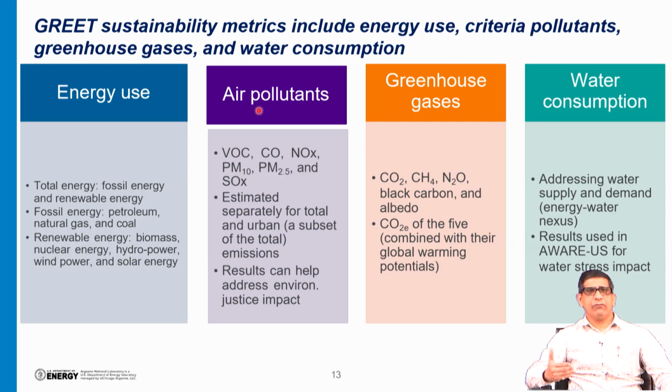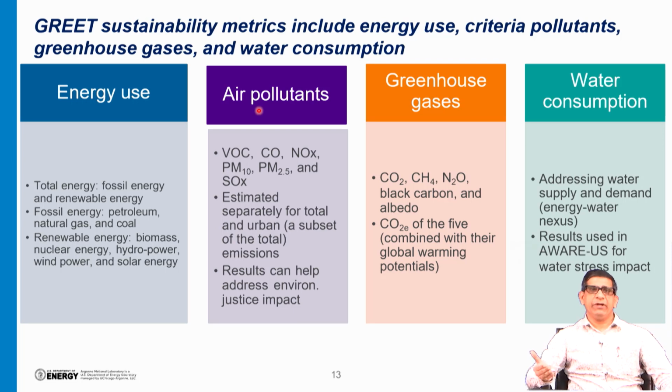In terms of sustainability metrics, GREET includes energy use, criteria pollutants, greenhouse gases and water consumption. Here in terms of energy, you can see the total energy, fossil and renewable. Fossil, whether it's petroleum, natural gas, coal; renewable, you could have biomass, nuclear, hydro, wind power, solar power.